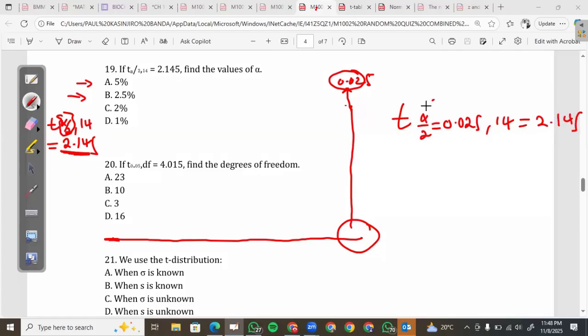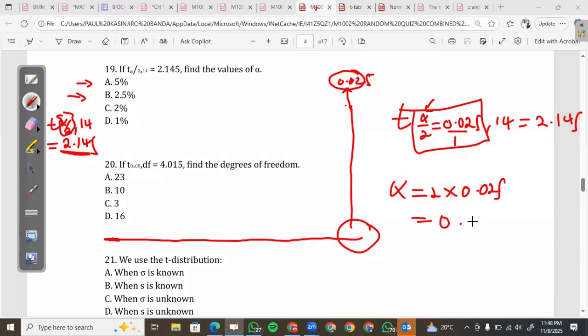Now I want to find the value of alpha. So what do I do? Cross multiply. Alpha is equal to 2 multiplied by 0.025, which is 0.05, the same as 5%. Just multiply by 100 and that gives you 5%. So I pick A as my best answer.